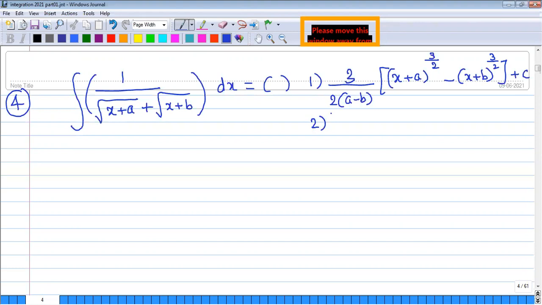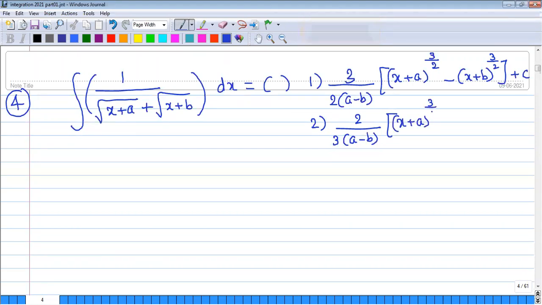Second: 2 upon 3 times a minus b, times x plus a whole to the power of 3 by 2 minus x plus b whole to the power of 3 by 2, plus constant of integration.